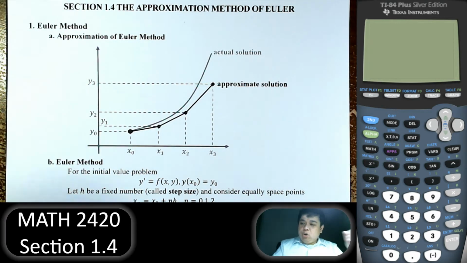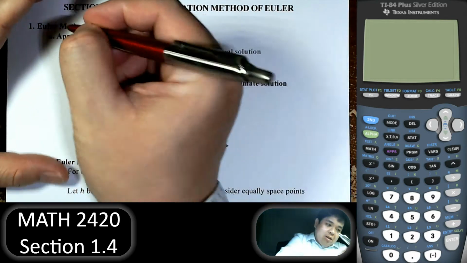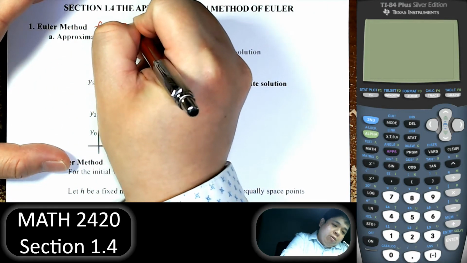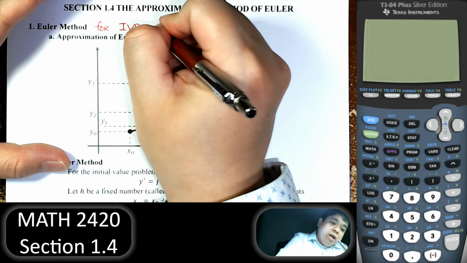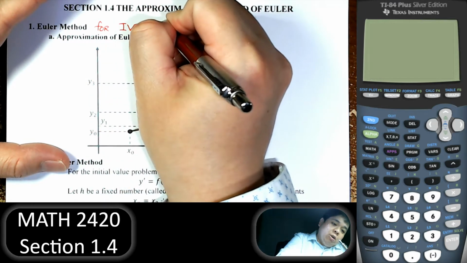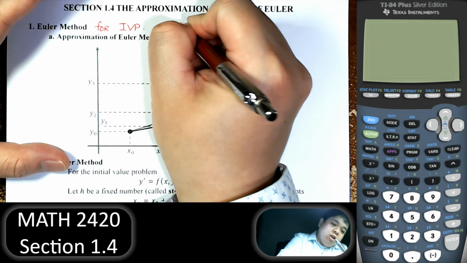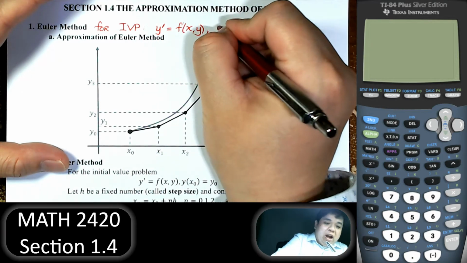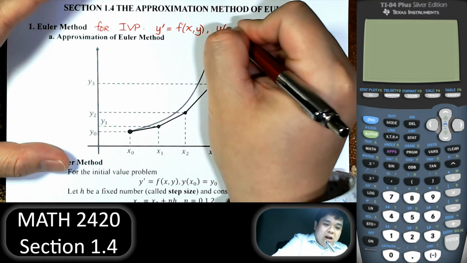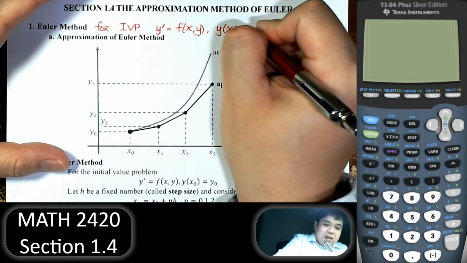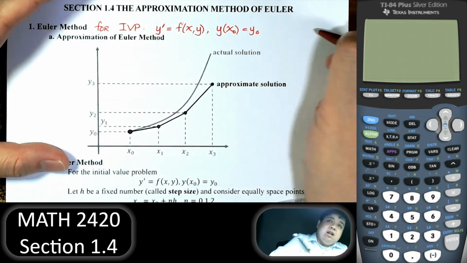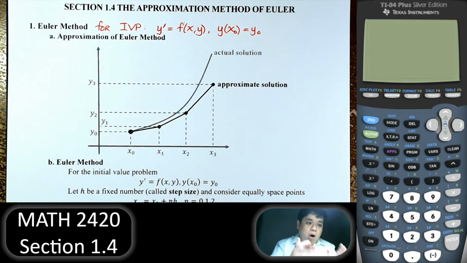An initial value problem will be in the form of y prime equals a function of x and y, with the initial condition y of x naught equal to y naught. That is the problem we use the Euler method for.